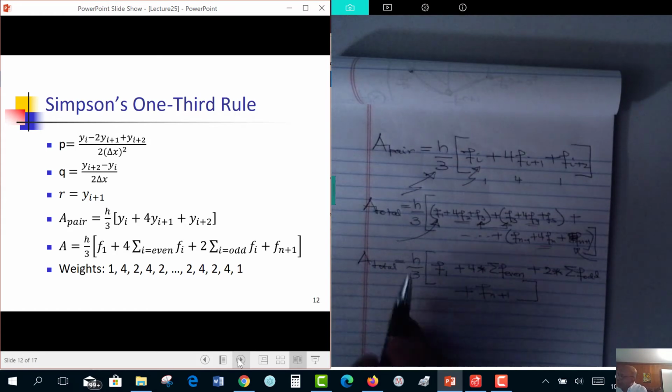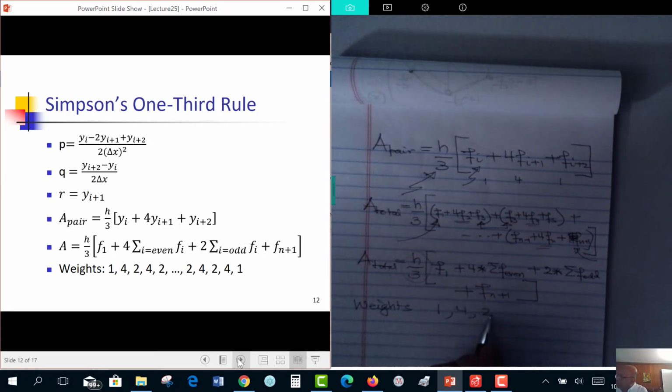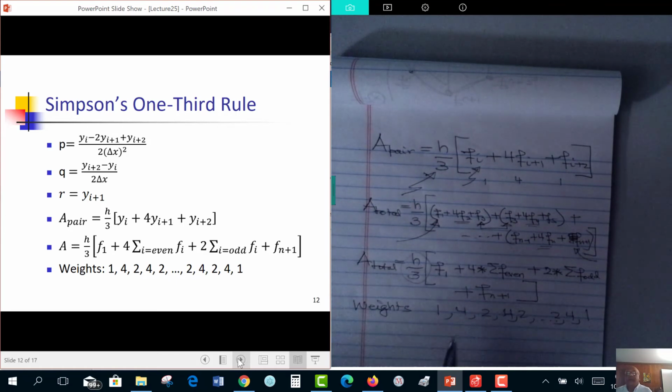So again we have h over 3 factor, and then the weighted sum. And our weights for the function sum are 1, 4, 2, 4, 2, on and on like that to 2, 4, 1. So this is our weighting scheme for Simpson's 1/3 rule.